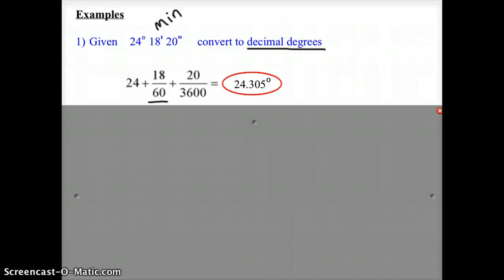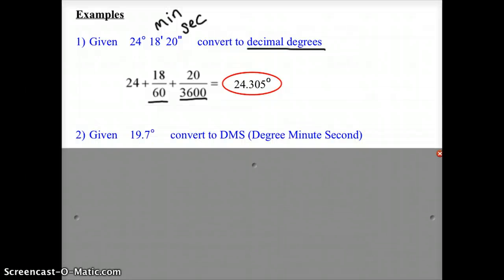So I have 18 out of 60. And then I have 20 seconds, and there is 3,600 seconds per degree. So I have 20 out of 3,600. If I add these together, I will get the decimal 24.305 degrees. So I have converted my minutes and seconds to decimal degrees.